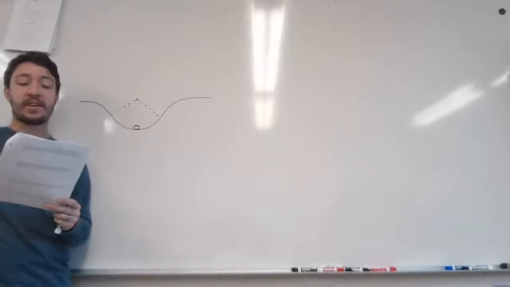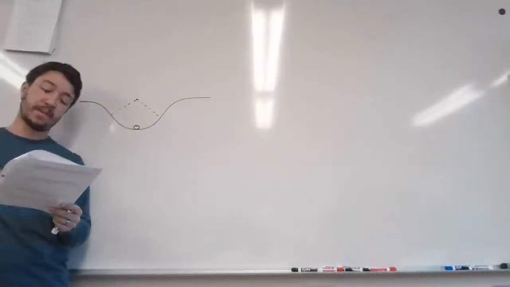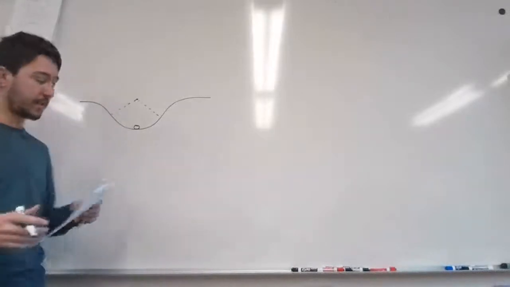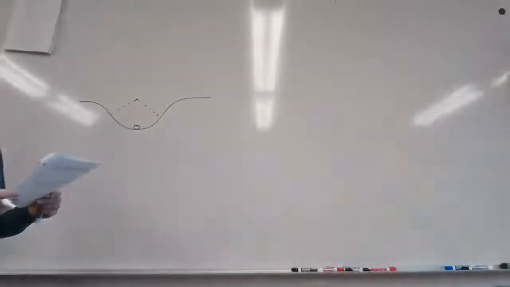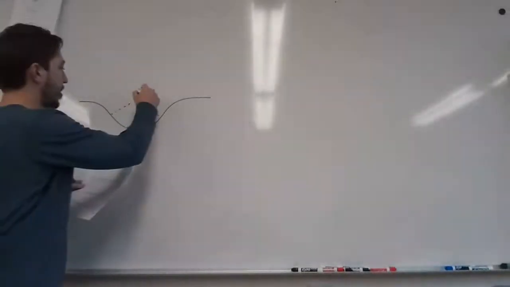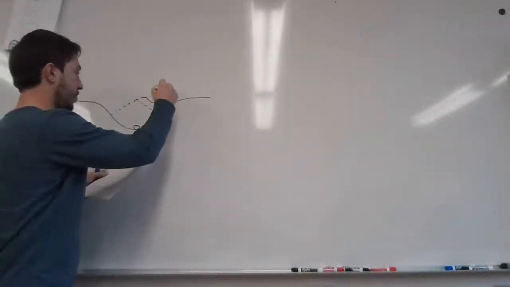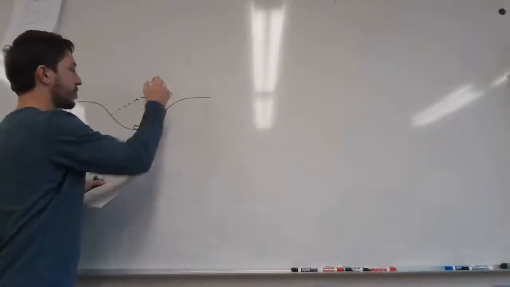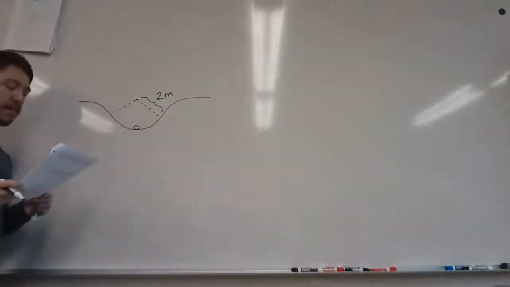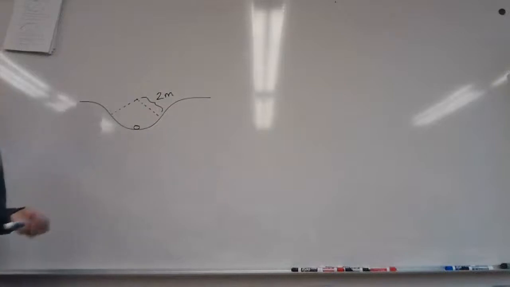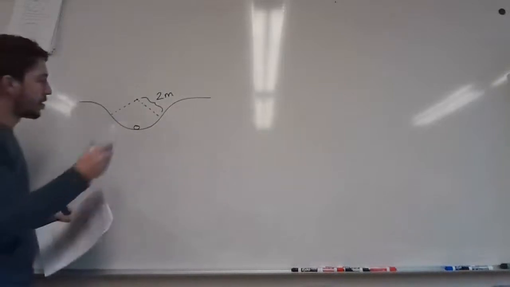All right, so 23 is very similar to number 20. The ball has the same mass, it's the same radius, but this time, still a 2 meter radius, it's going 5 meters per second.